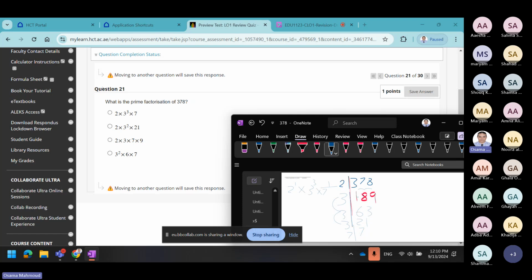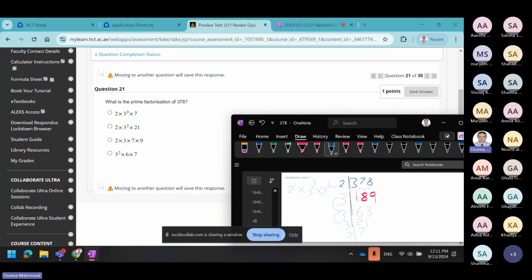For sure, when I'm going to use the prime factorization, I will never think about the second one and the third one, because it's not acceptable to have something that is not prime, like 21 or 9. So you exclude choices 2 and 3. You are also not going to take the last one because you have 6.